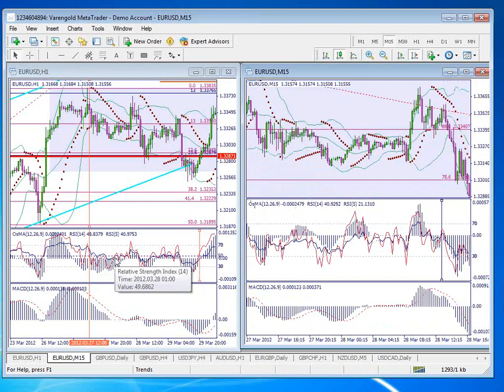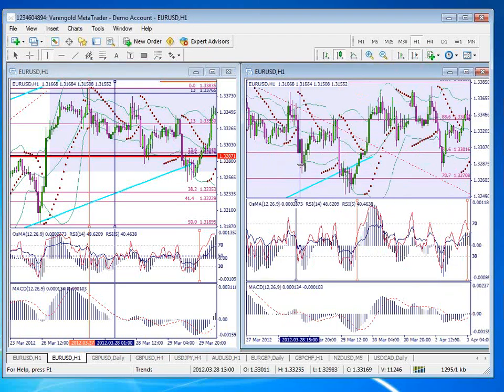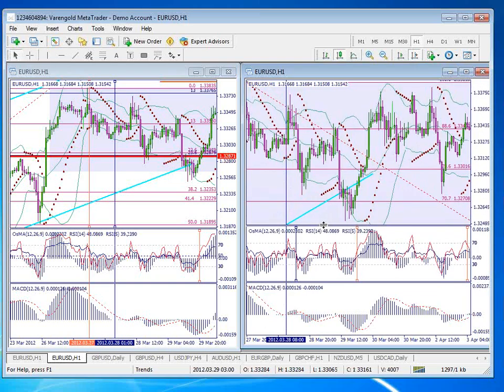Here I'm receiving the signal for a buy on 1 hour. Just a second to find exactly the same point.